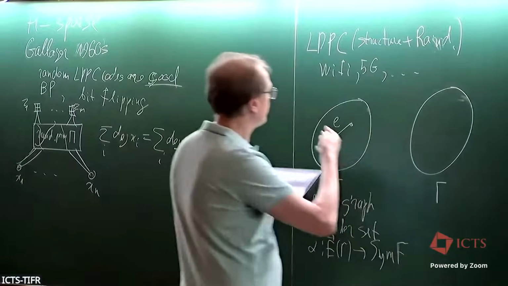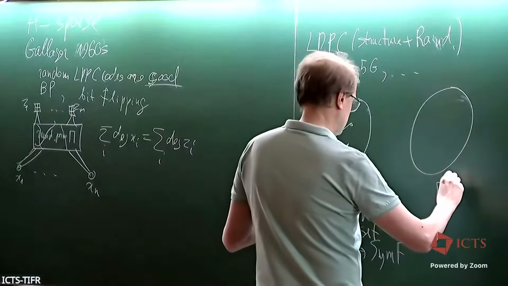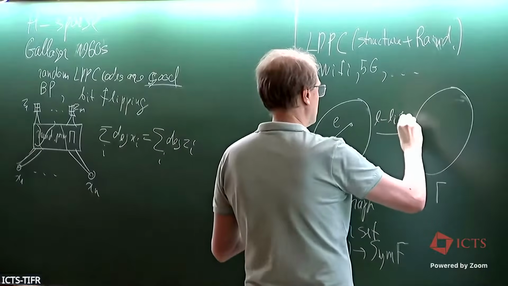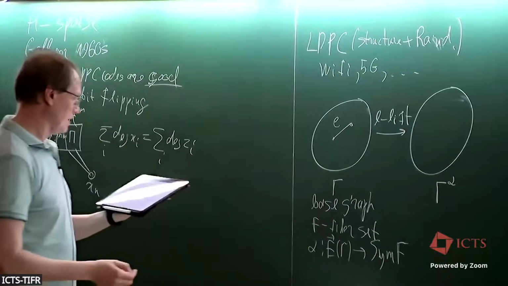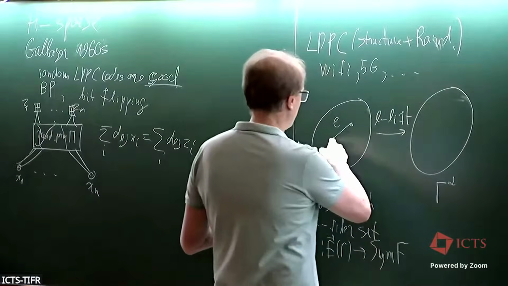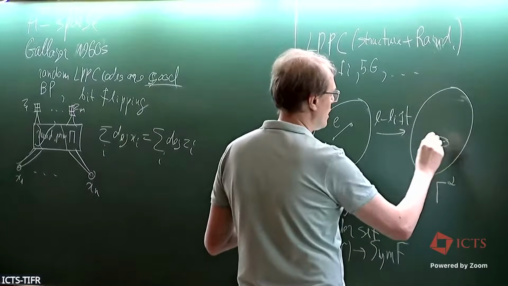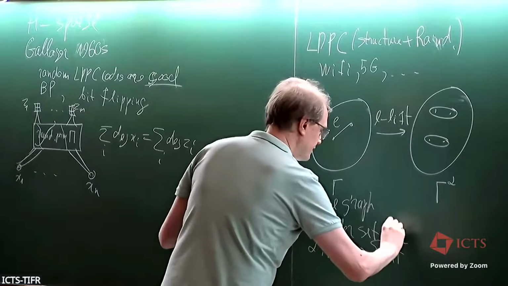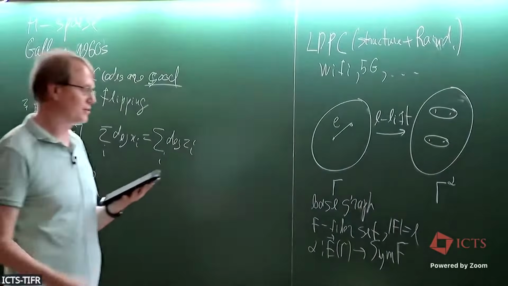How do we get this lift? This is called the L-lift. We replace each vertex with L copies, and the fiber is a set of size L. Let us fix the size of the fiber.